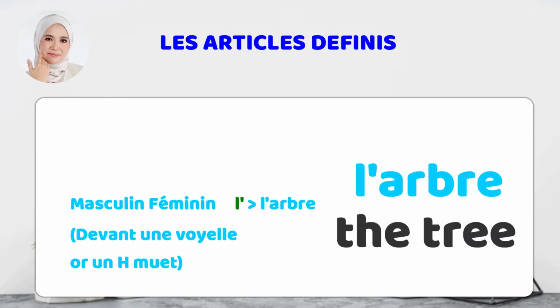This means "the tree," and the spelling begins with the letter A. A is a vowel, so we have to put an apostrophe for the noun arbre to say "the tree." Technically, you can't say le arbre since it doesn't sound that good. It has to be l'arbre.